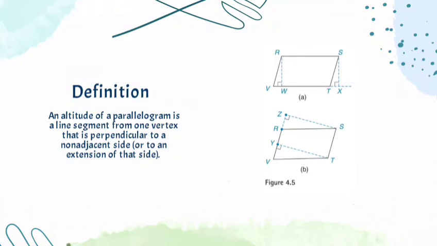For parallelogram RSTV, segment RW and segment SX are altitudes to side VS or to side RS, as shown in figure 4.5 A. With respect to side RS, sometimes called base RS, the length RW or SX is the height of RSTV.